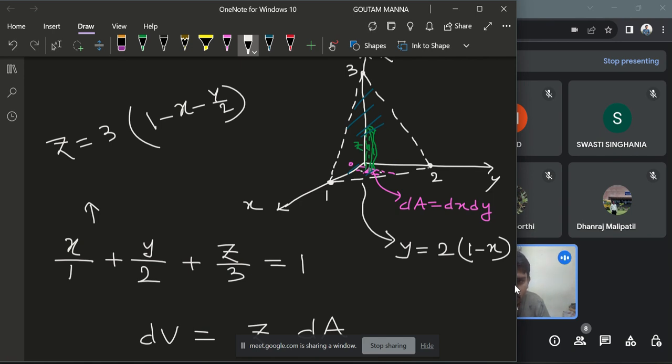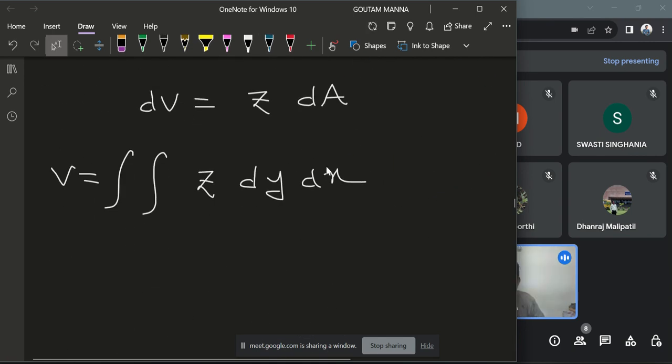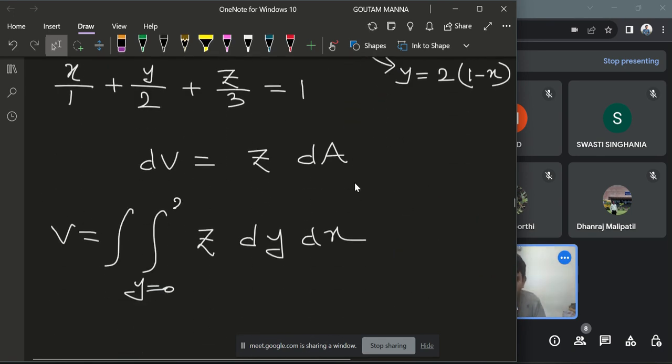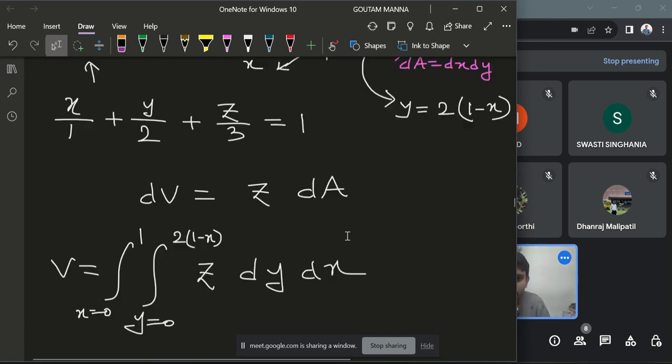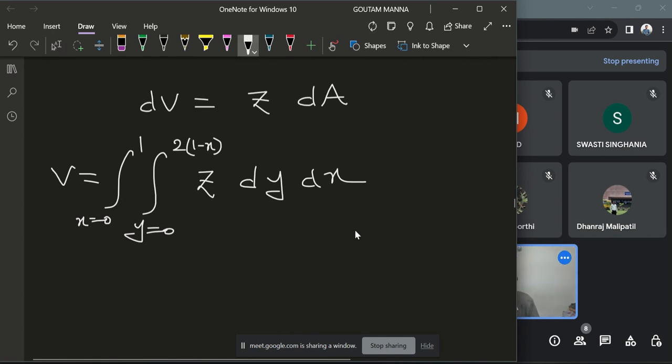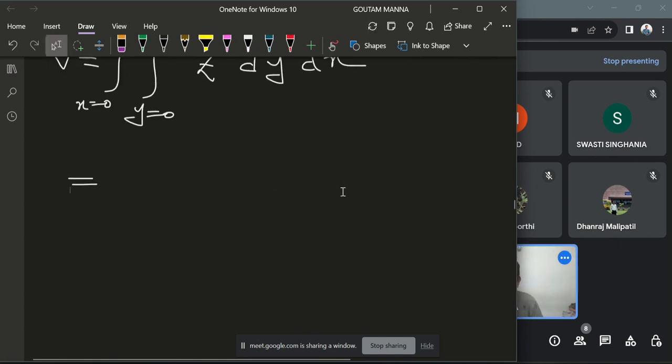Then you can cover the whole triangular region. So y will be going from 0 to 2 times (1 minus x), and x will be going from 0 to 1.